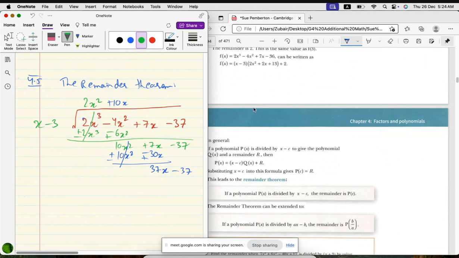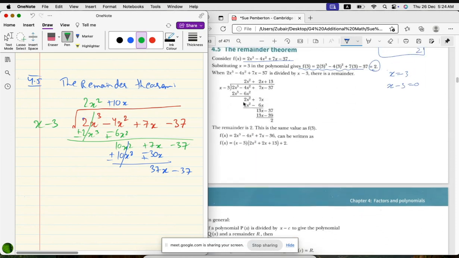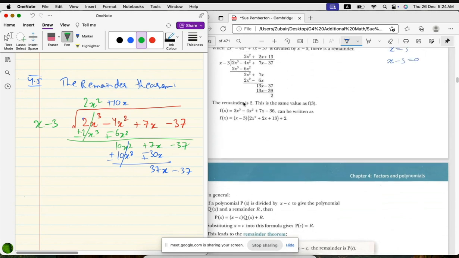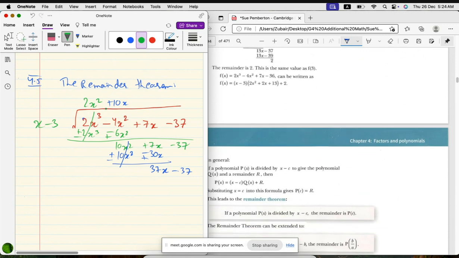Did something wrong? Oh yeah, 13, it was 39. I just used these two as 10 minus 4 and 6.